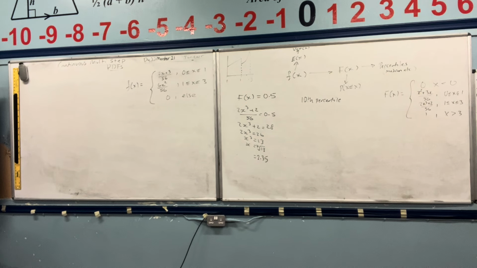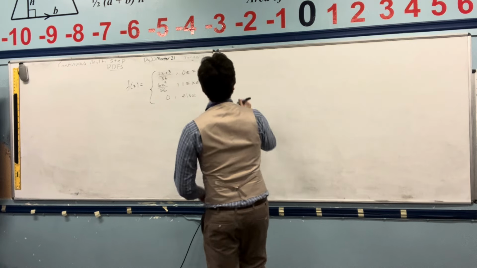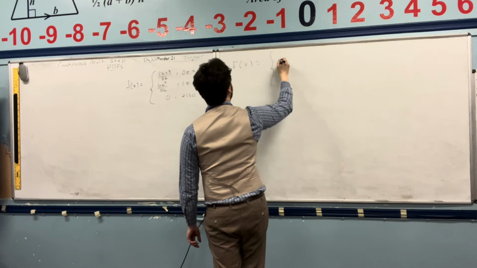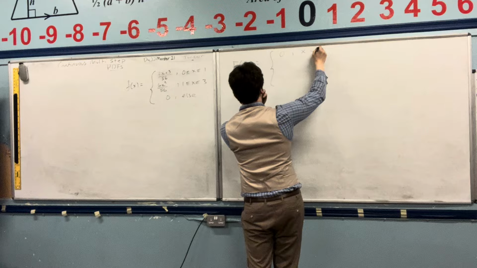So, writing this out then. You're given that the CDF is given by 0 for x less than 0.